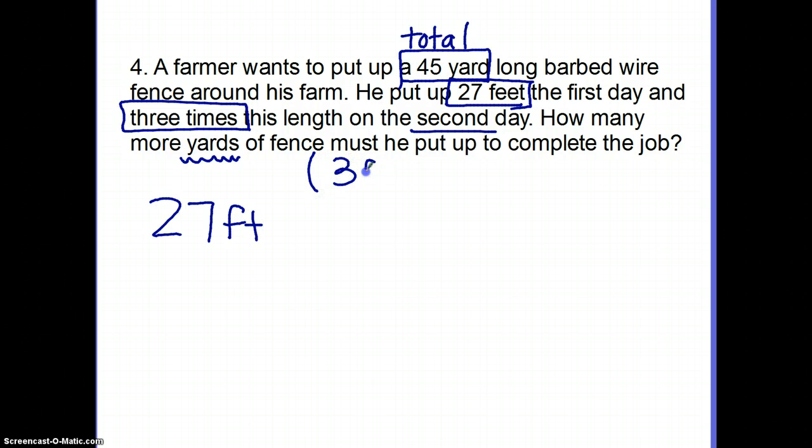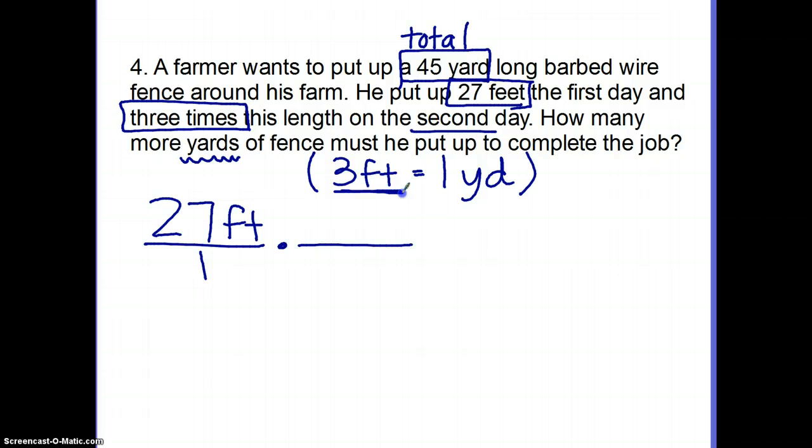And we know that there's 3 feet equal to 1 yard. And so I'll put a 1 under here. We want the feet to go on the bottom because we already have feet on top, so 3 feet. And it's equal to 1 yard, so we'll put that on top.